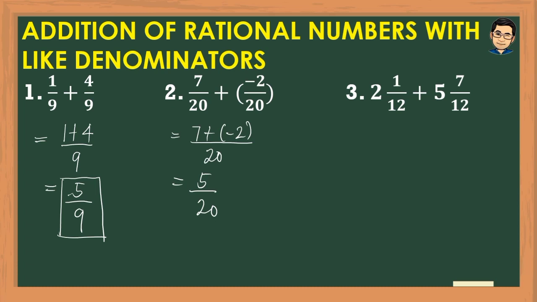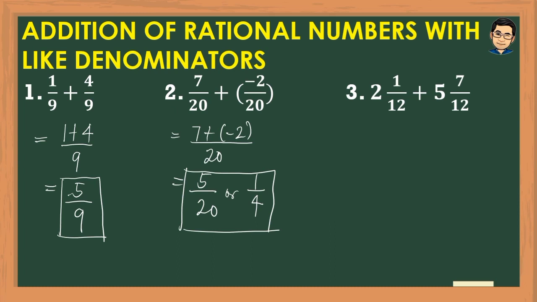So if we divide 5 and 20 by 5, our answer will be 1 over 4 or 1/4. So this will be our final answer, 5 over 20 or 1/4. So 1/4 will be the acceptable answer. Okay, so all fractions should be simplified, if possible.